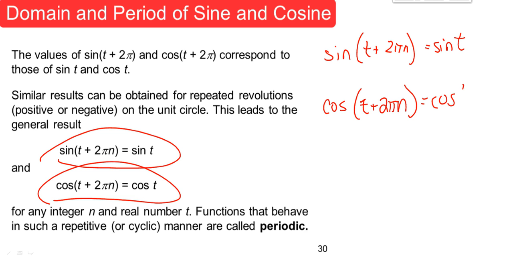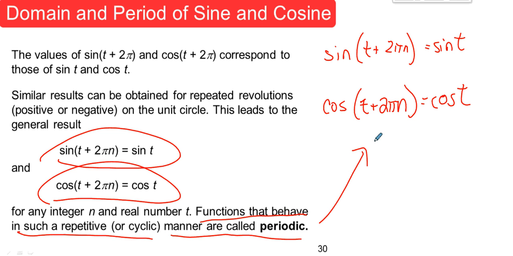And because of that, we get that cyclical behavior. Functions that behave in such a repetitive or cyclic manner are called periodic. So these are periodic functions, and we're going to write some good notes on this next slide.